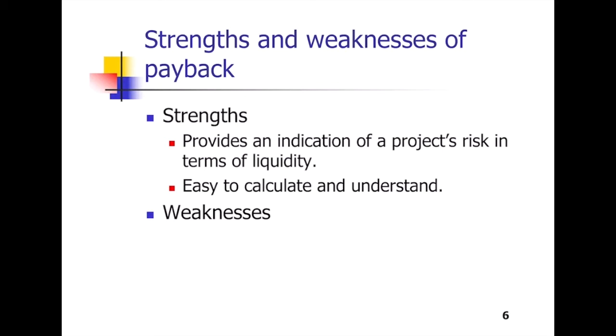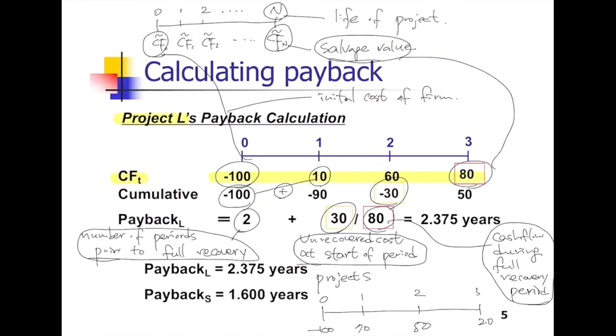However, the payback period has a serious problem. Let's move back to the previous slide. As we learned before in the time value of money chapter, future money should be discounted, right? But as you can see, these cash flows are not discounted, right?